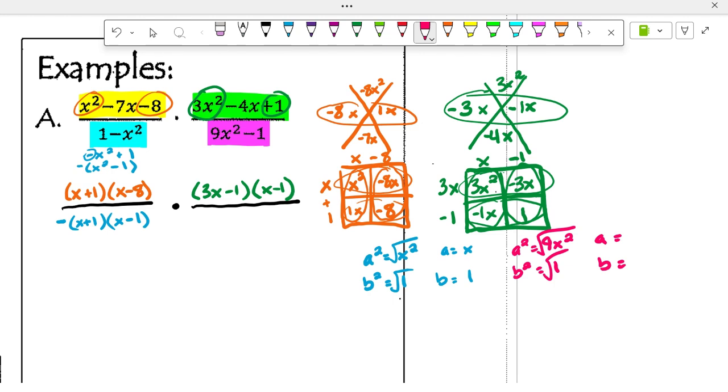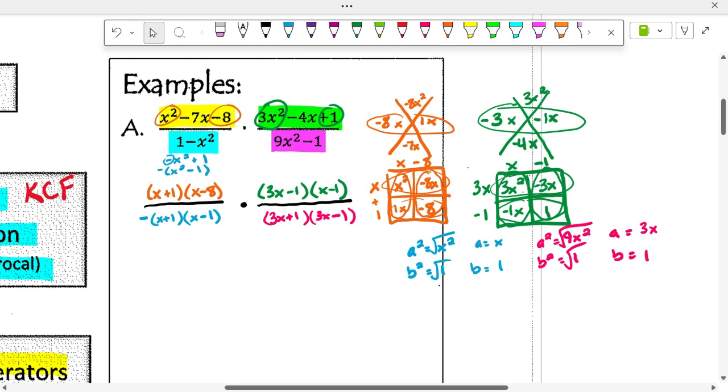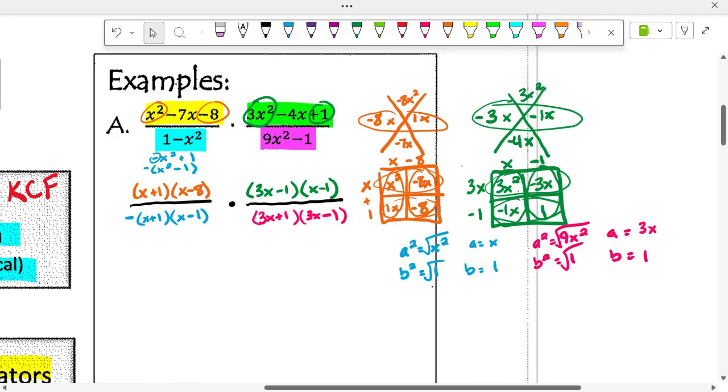What's the square root of 9x squared? 3x. What's the square root of 1? 1. So what are my two factors? 3x, 1, 3x, 1. What goes in between them? Plus, minus. So plus here, minus here. So now we factored everything.